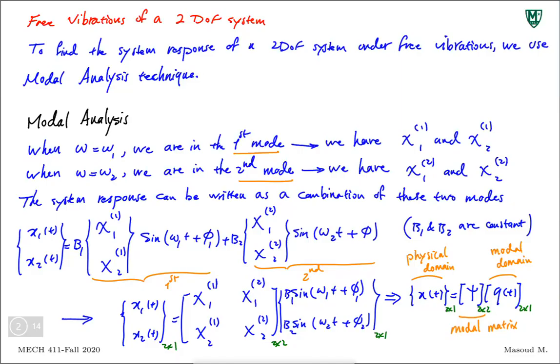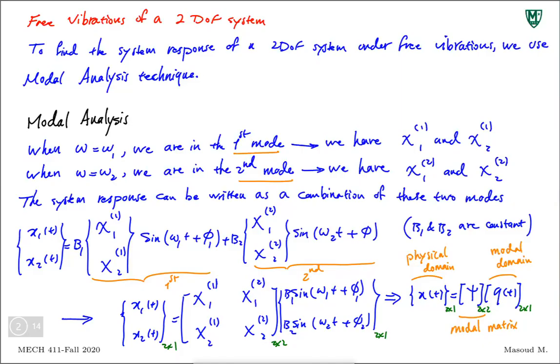What does this do? Look at the form of this equation. Xt in the physical domain, where we have x1 and x2, those 2 degrees of freedom, is equal to some matrix, the modal matrix we called it, times some other vector. So the essence of modal analysis is basically a transformation.